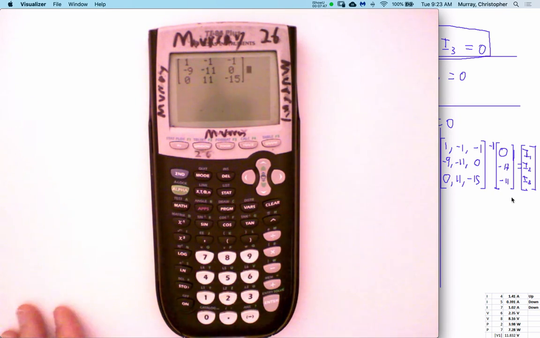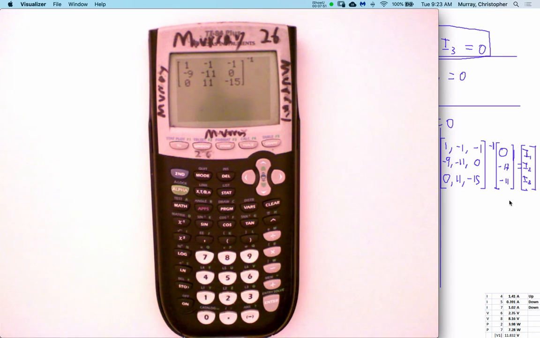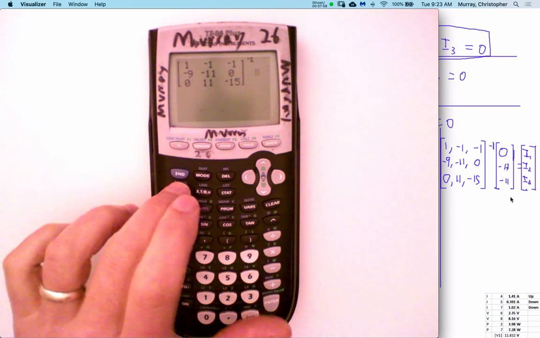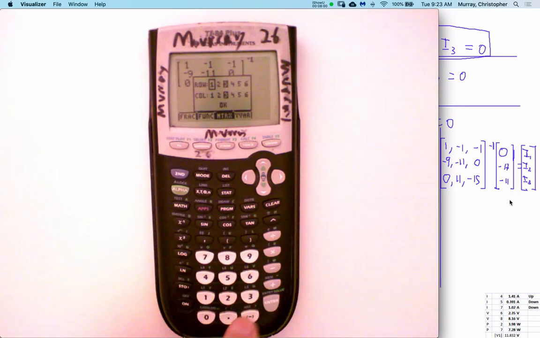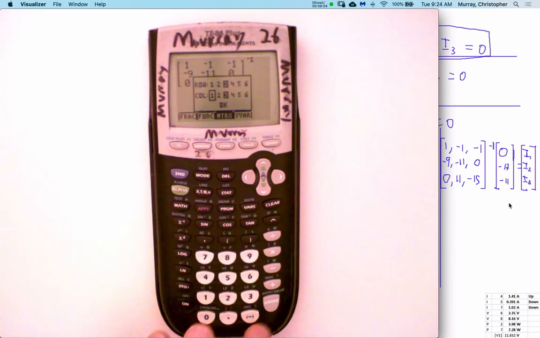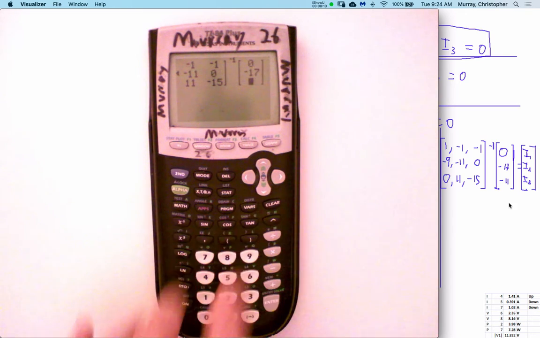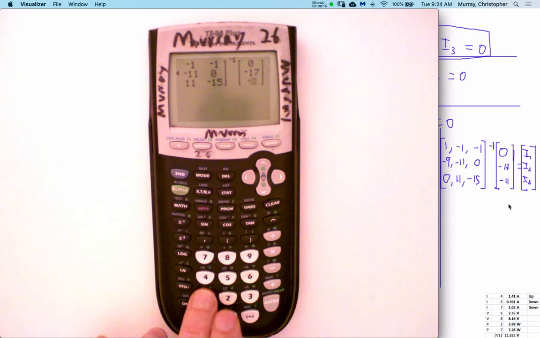Then you go to the right of that and we're going to invert it. So let's hit the invert button. Do we have the right thing there? Yes. Now we need to put in another matrix that we're going to multiply it by. So I'm going to go alpha F3. This one's going to have 3 rows, but only 1 column. So I go down, enter, down, enter. And this one's 0, then -17, and then -11. All right, are we ready for this?